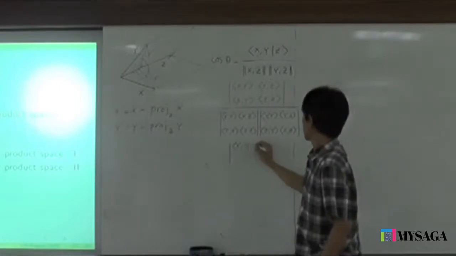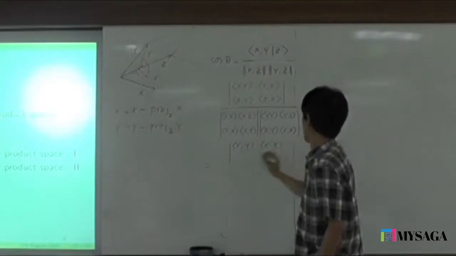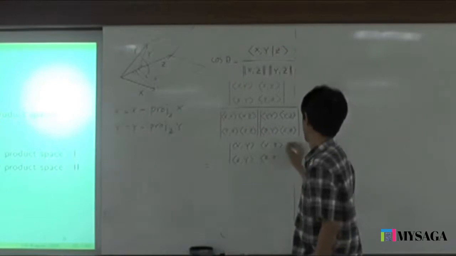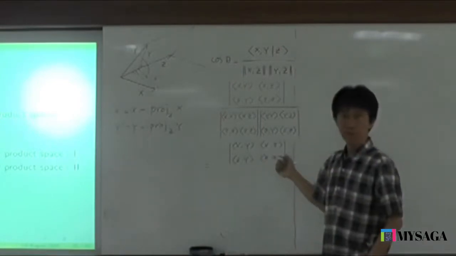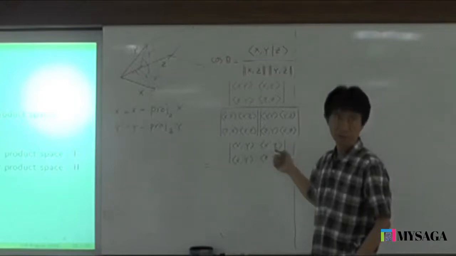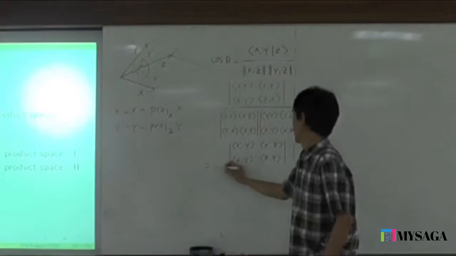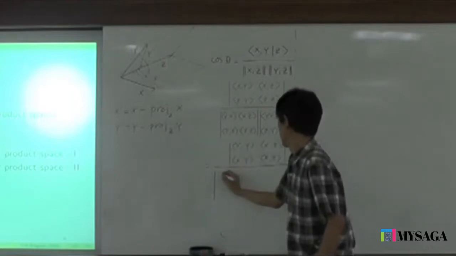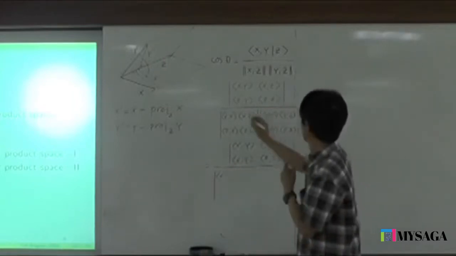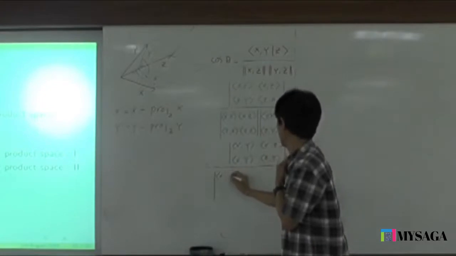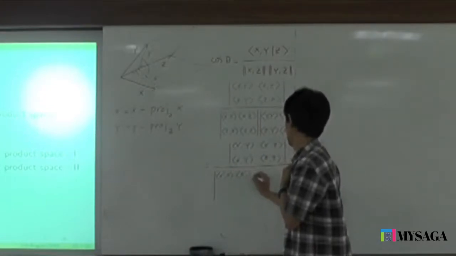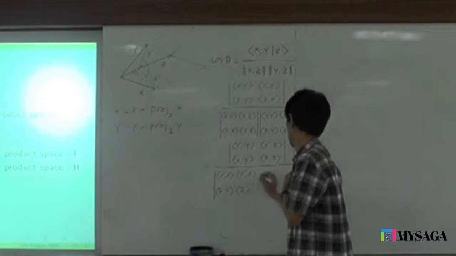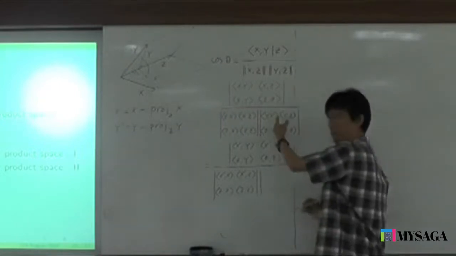Okay? And here x prime also. And the second row is still the same. So the value of the determinant is unchanged when we do that. Okay? And we do the same with the denominator here. So this is x prime, z, and the second row is the same. And we can also do that with y.